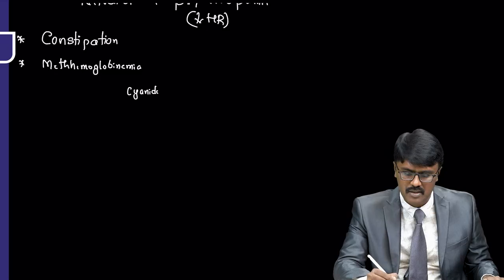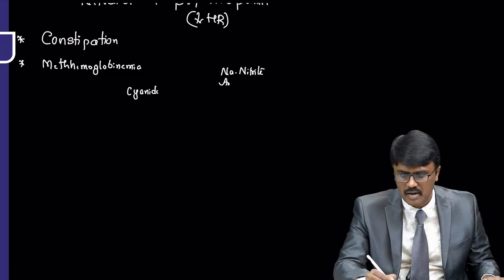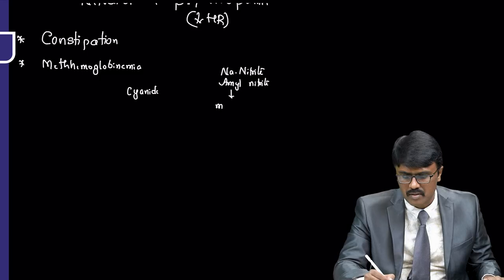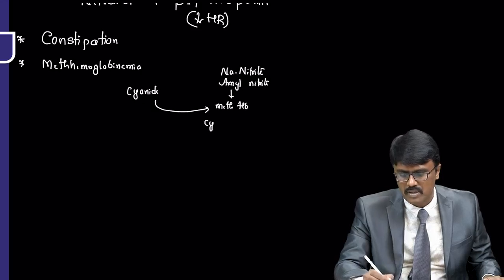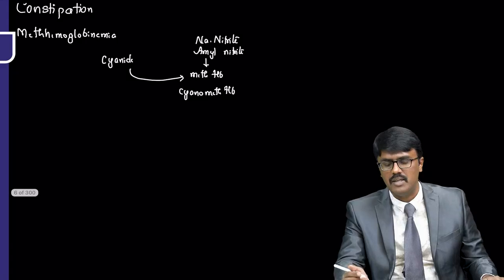We give the patient either sodium nitrite or amyl nitrite. So these will convert hemoglobin to methemoglobin. Now this methemoglobin will combine with cyanide to form cyanomethemoglobin.